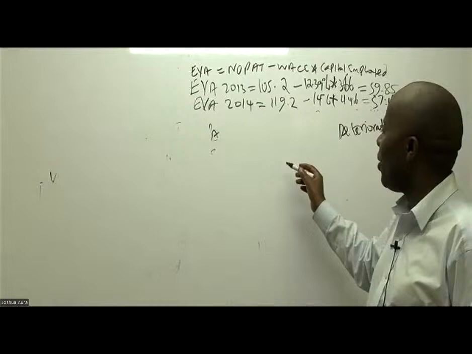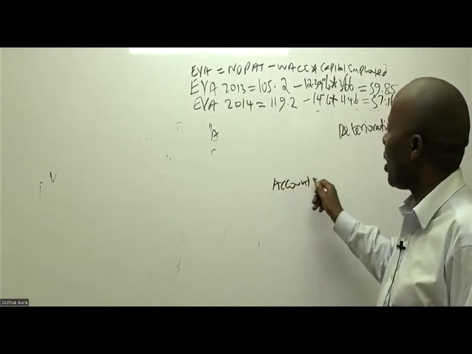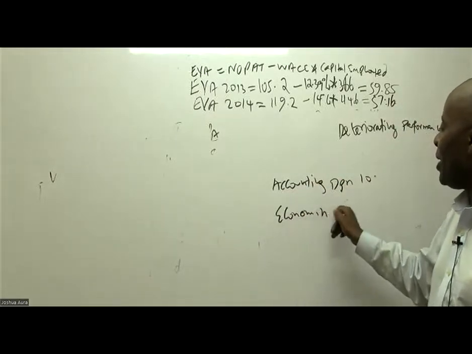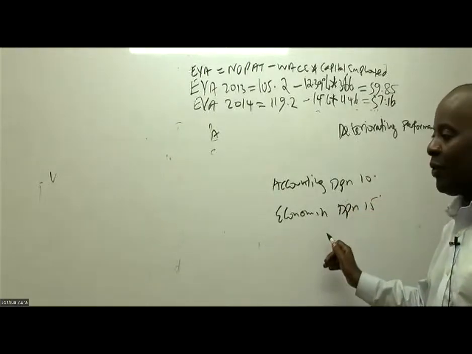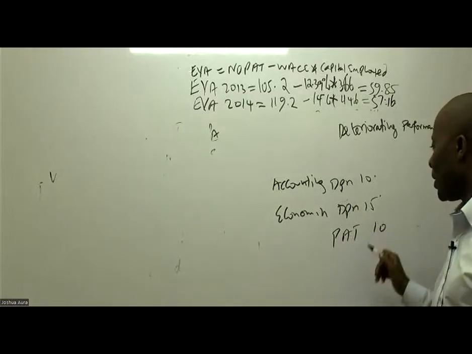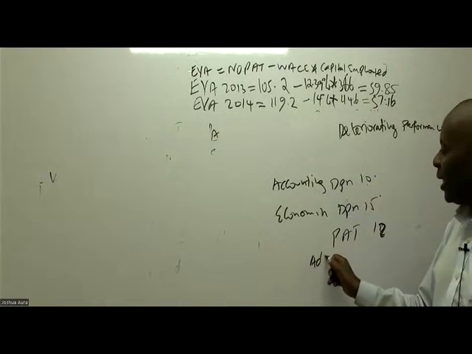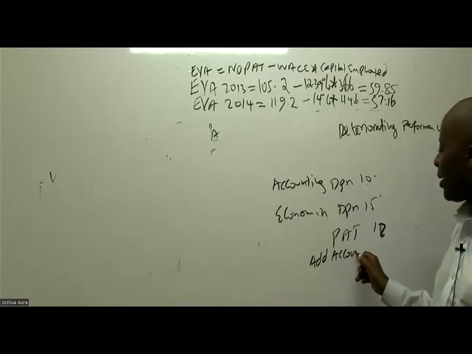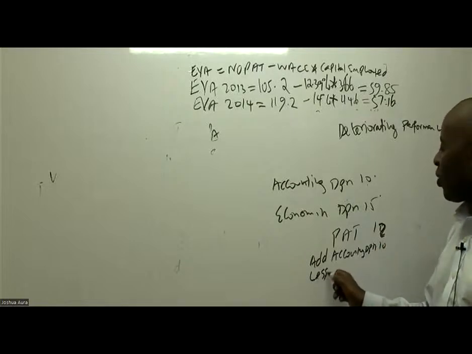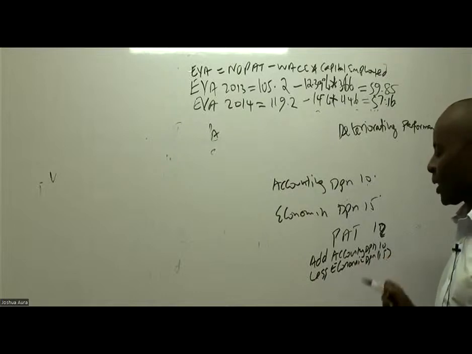There is somebody who was asking about economic depreciation. If, for example, they told us that accounting or book depreciation is 10, and then economic depreciation is 15, then, taking for example a profit after tax of 12, I would have added back accounting depreciation, 10, because it's the bad one, and then less economic depreciation, which is 15.